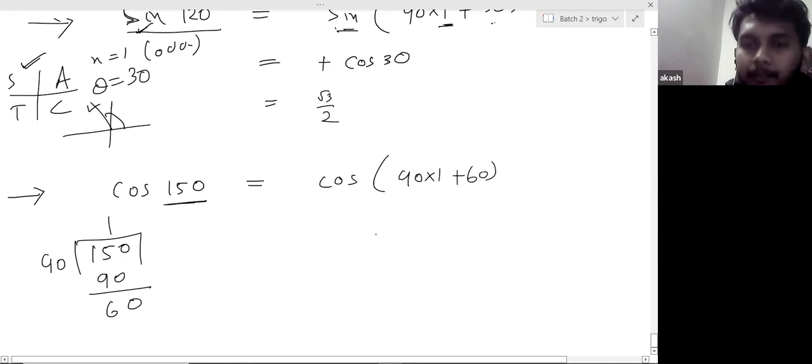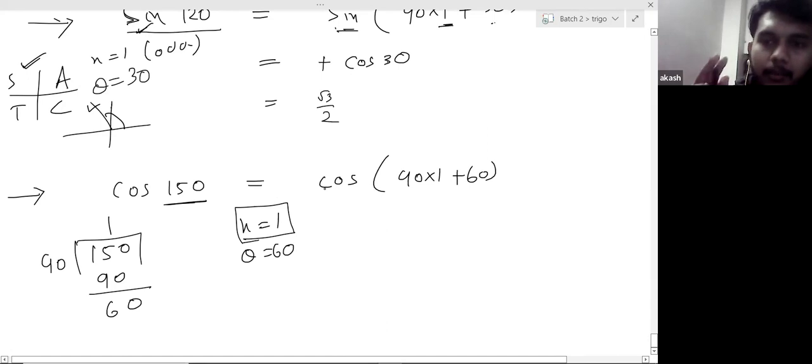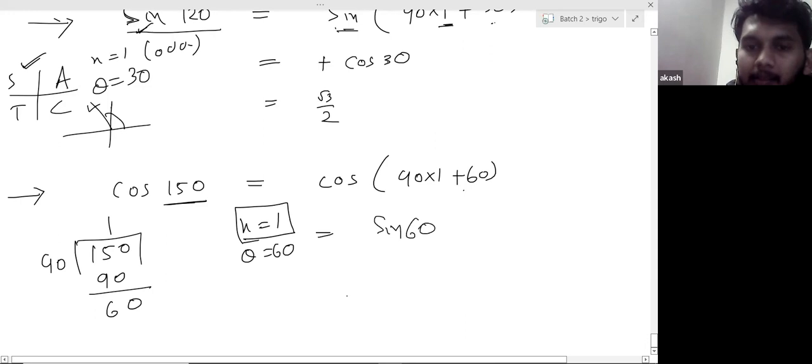This step is clear. Here the value of n is 1 and theta is 60. So again n is odd. So when n is odd, cos will become sine. Look at case 2: sine becomes cos, cos becomes sine. So this cos will become sine, and then theta is 60, sine 60.